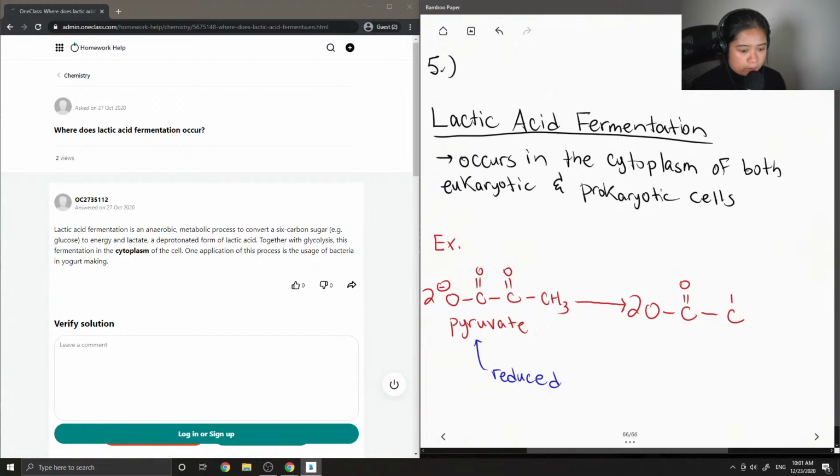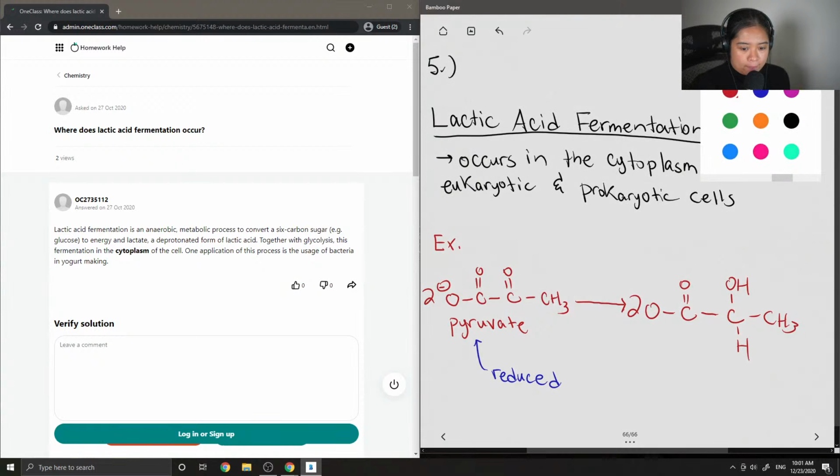Okay, so the ketone here gets reduced to an alcohol, and the rest stays the same. And this is lactate.